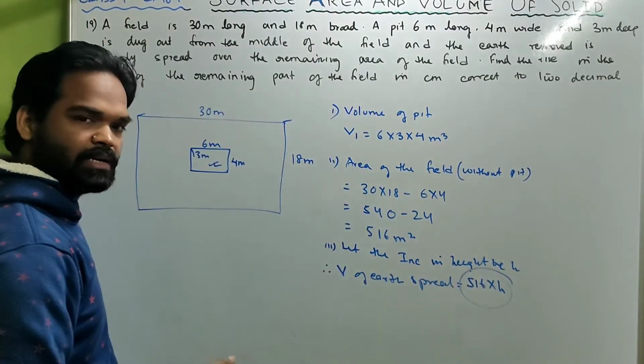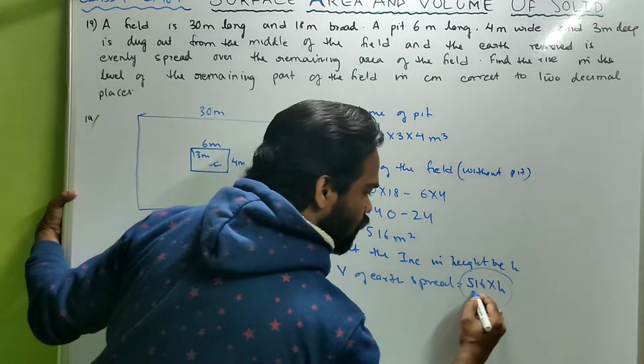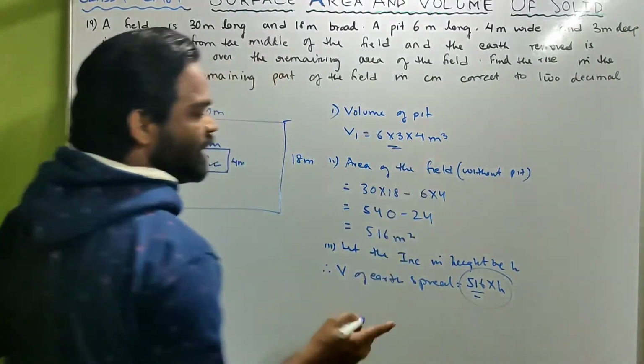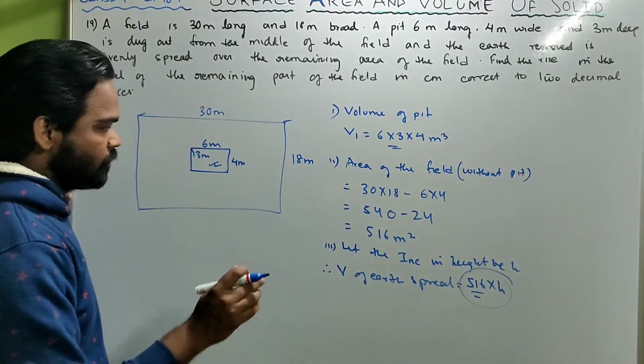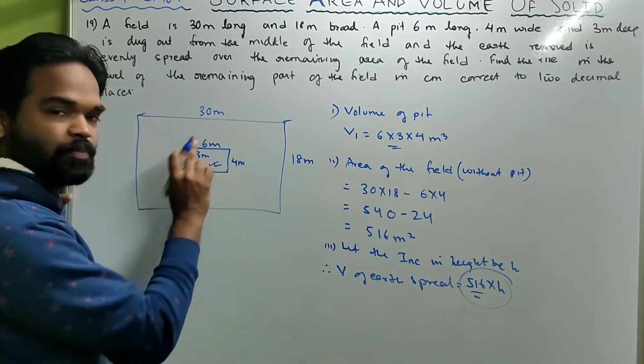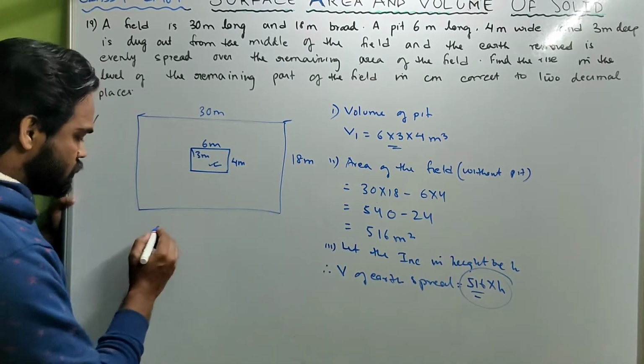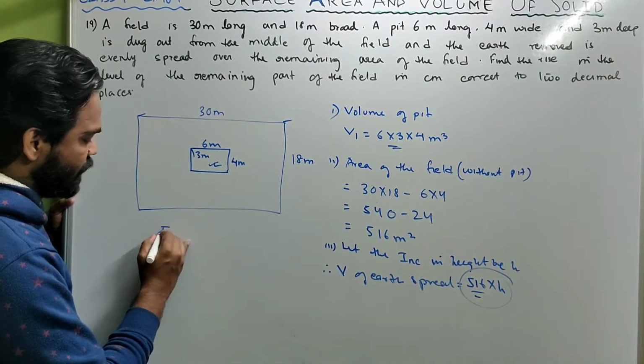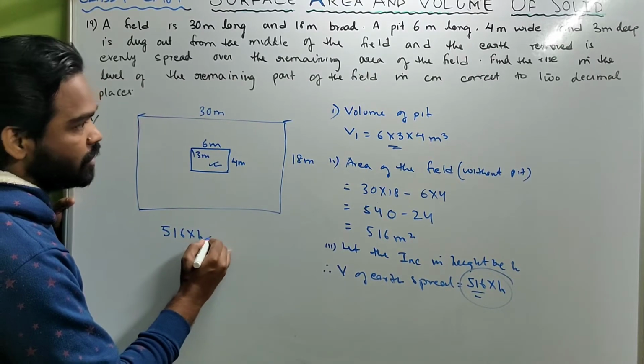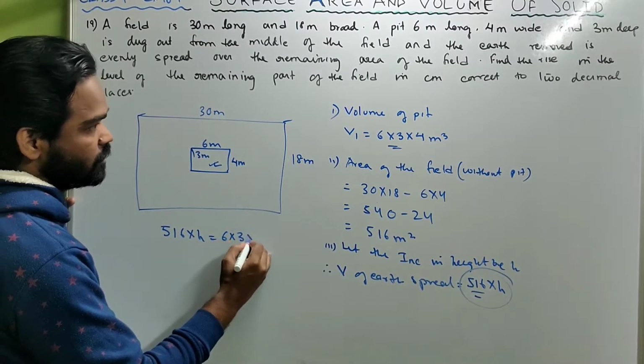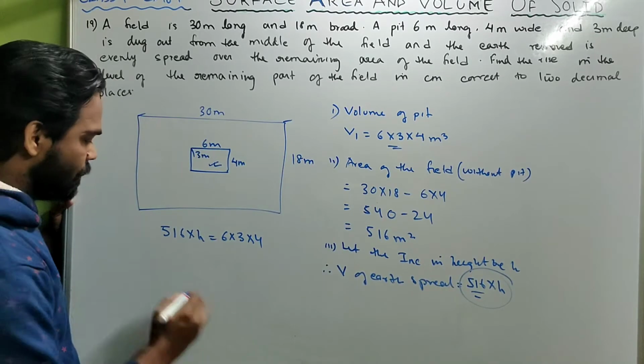Volume is area into height. Now this volume and this volume has to be same because the earth has been removed from this portion only and spread evenly. So according to the problem, we can say 516 into h is equal to 6 into 3 into 4. Am I clear?